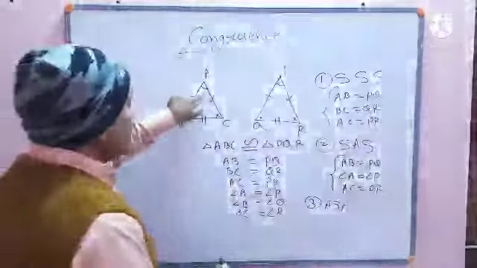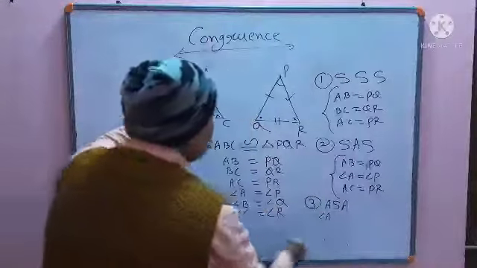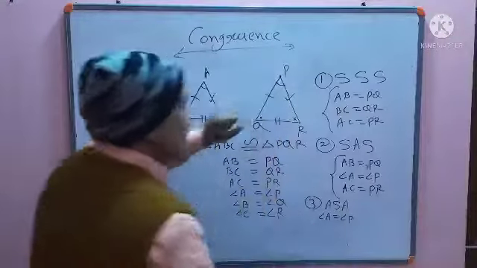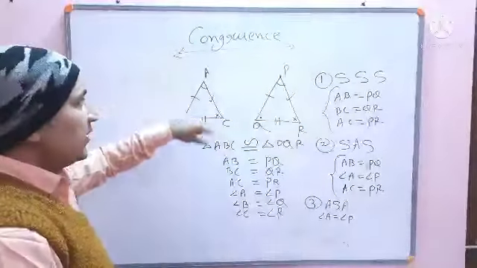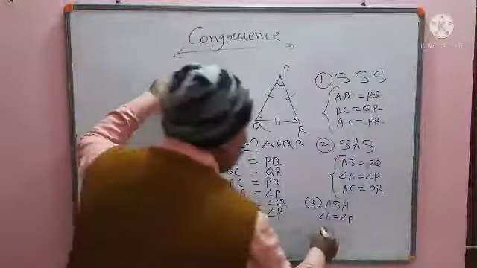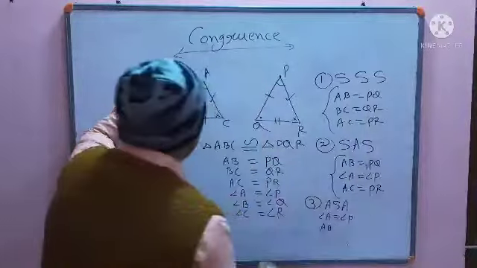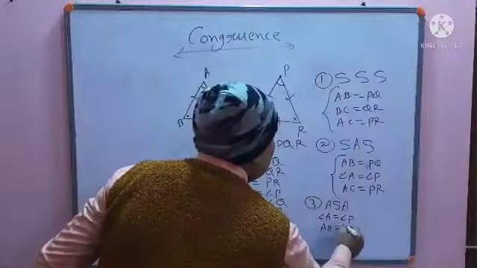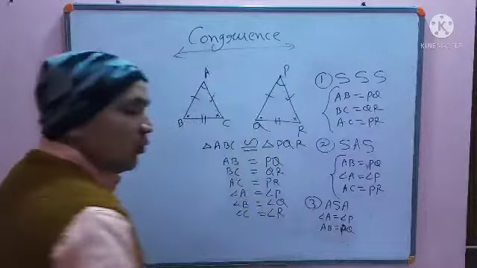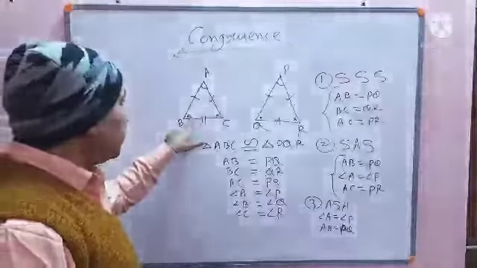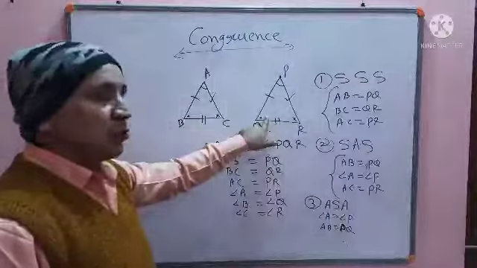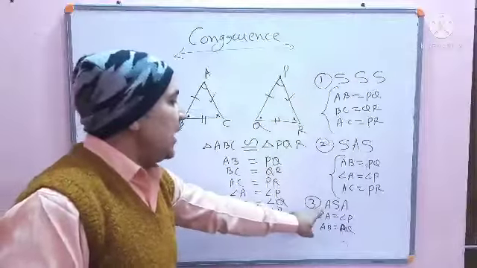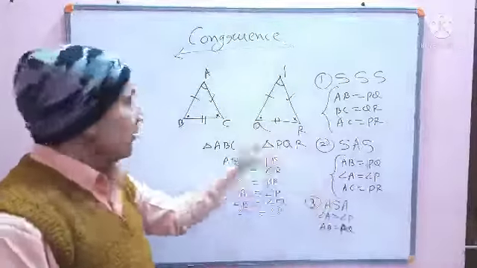Suppose angle A of this triangle and angle P of this triangle are equal. After angle A, suppose I am taking side AB of this triangle and side PQ of this triangle. These 2 are equal, then definitely angle B should be equal to angle Q. This is compulsory if we are taking angle, side, angle order.